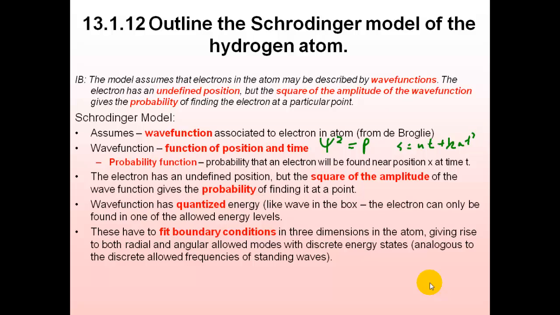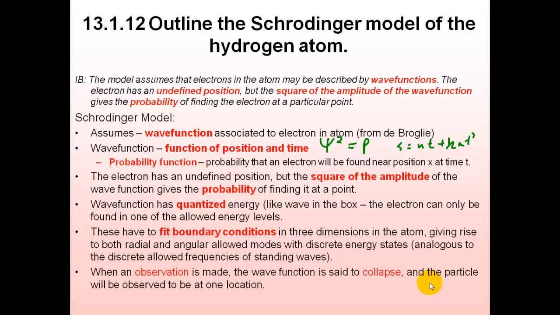Remember, with a classical standing wave, with a guitar string for example, the boundary condition is that there's a node at either end. But this is boundary conditions in 3 dimensions, giving rise to radial and angular modes. But we don't need to deal with those details. The key point is that it has to fit the boundary conditions within the atom.